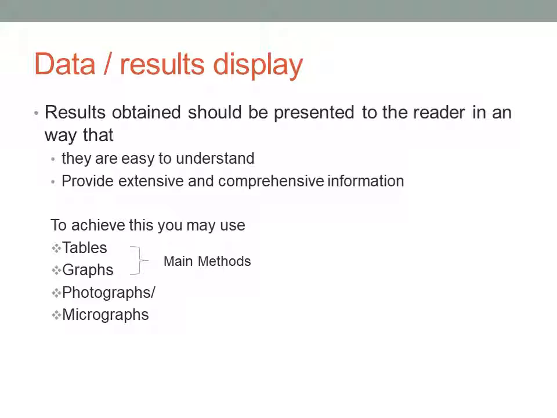Other than that, nowadays you can use micrographs, diffractograms, and chromatograms. Likewise, you have different other data output methods that you can directly use as the data or results display methods.